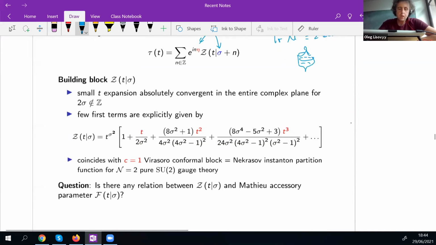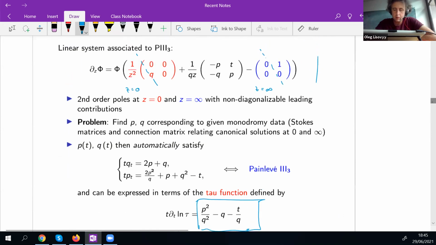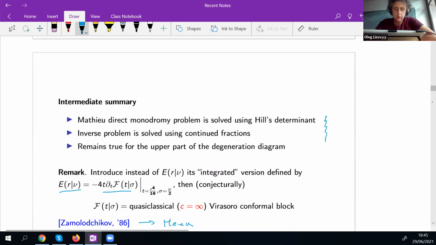Now, perhaps you have already forgotten, but the series for the Mathieu accessory parameter that we had before had a rather similar structure to the series expansion of this conformal block function Z. So let me go back and try to find it.